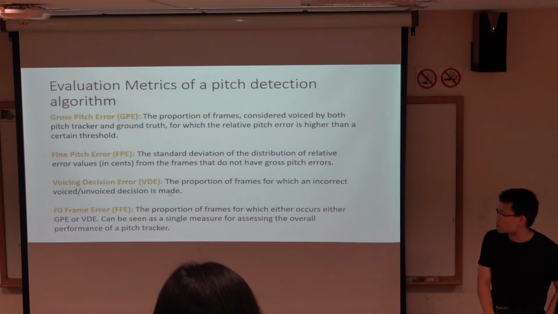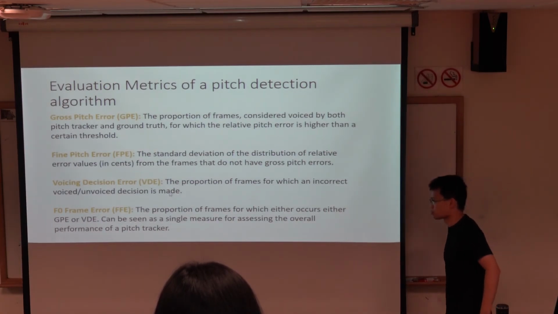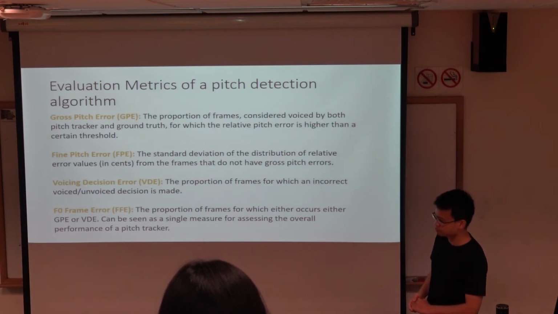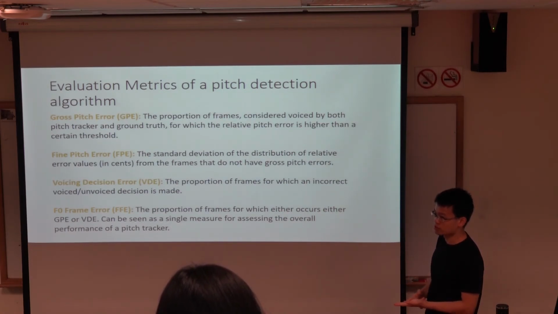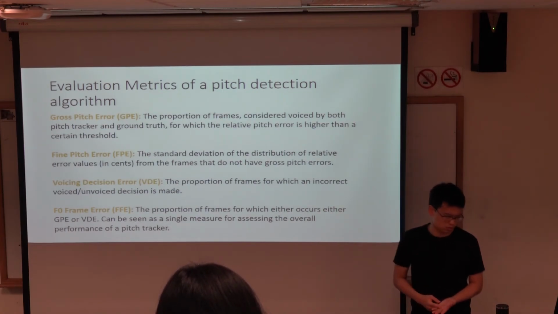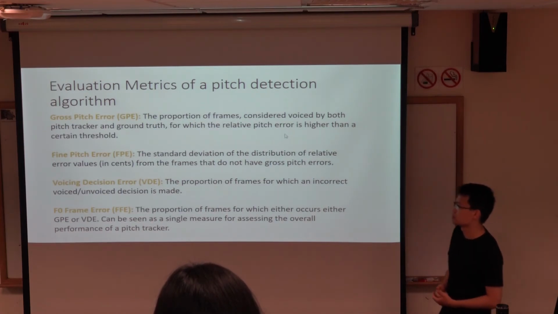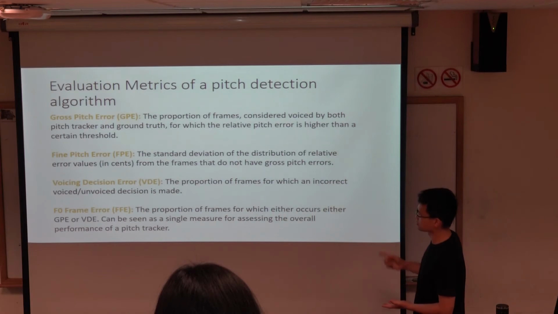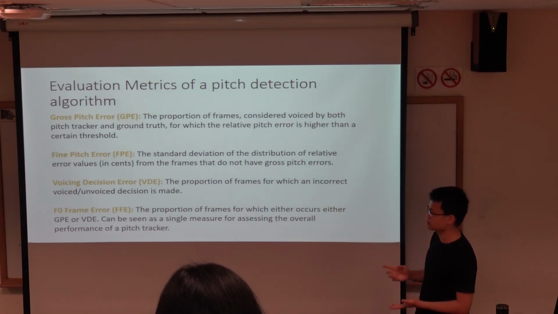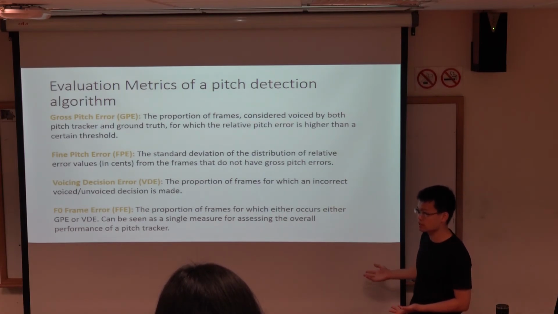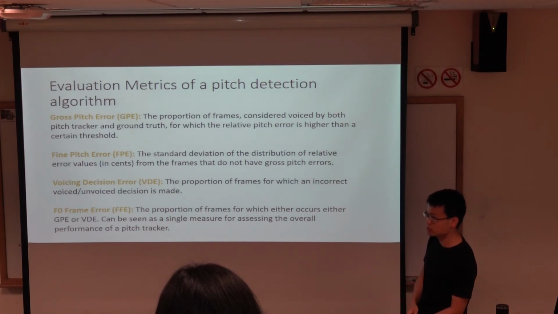And the third one is the proportion of frames where we mistake whether the frame is voiced or unvoiced. If you remember, the first metric is the proportion of frames where it has voice, and I detect that it has voice, but I detect the wrong pitch.